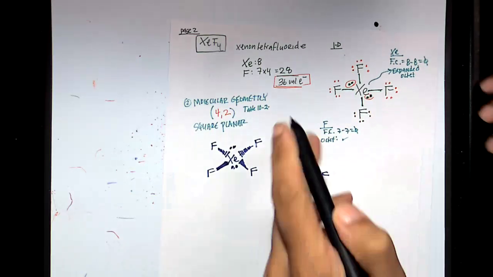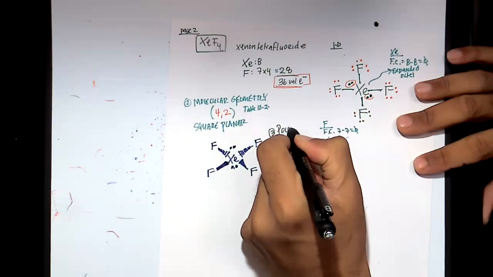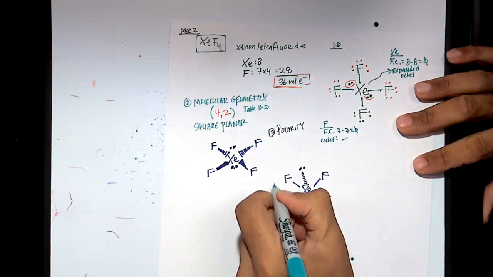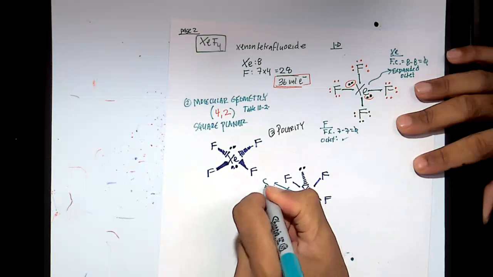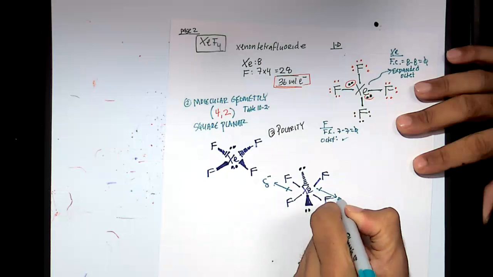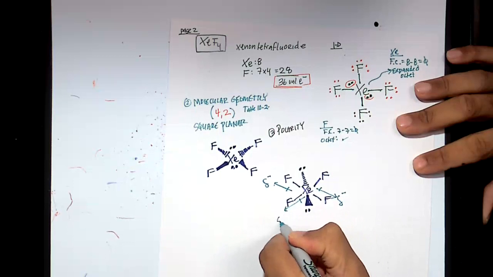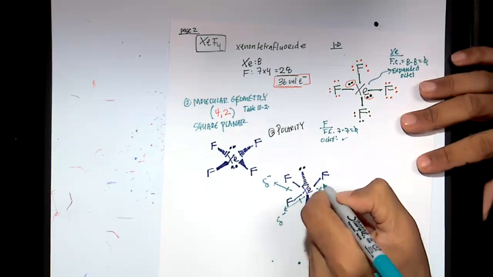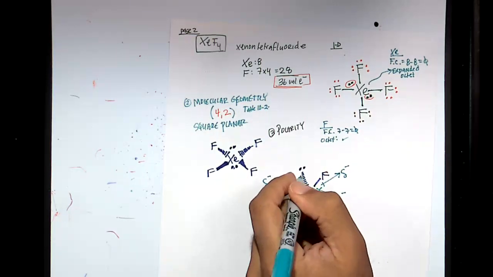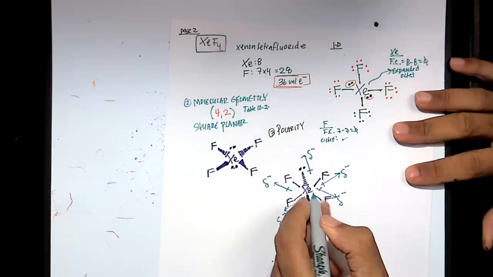The next question is the polarity. What do you guys think? Is this polar or non-polar? Any guesses? The fluorine is going to pull. Who's counterbalancing that? This fluorine is going to pull this way. Who's counterbalancing that? That one. This pair of electrons is pulling in its own direction, and who's counterbalancing that?